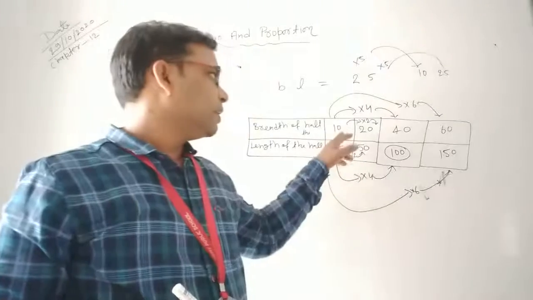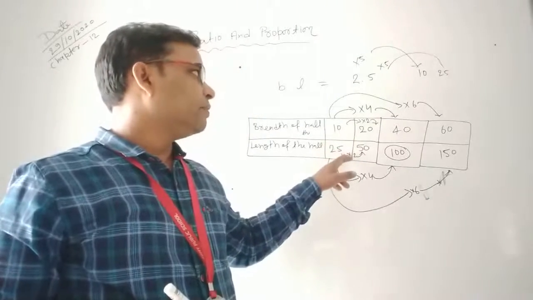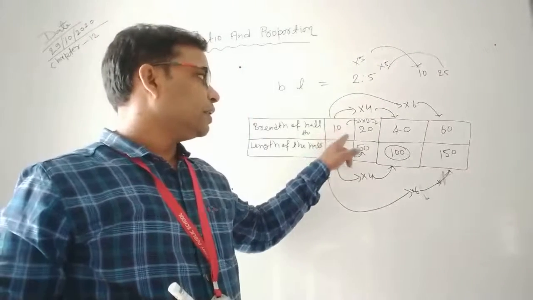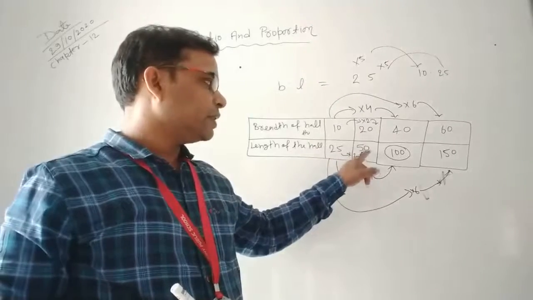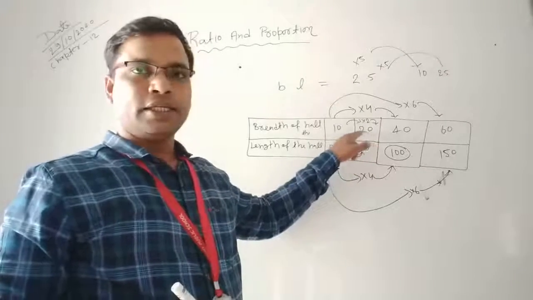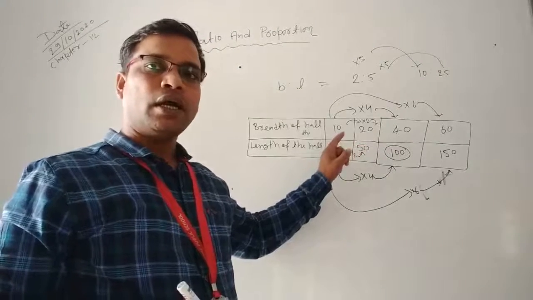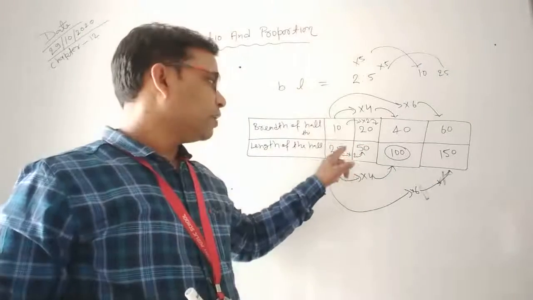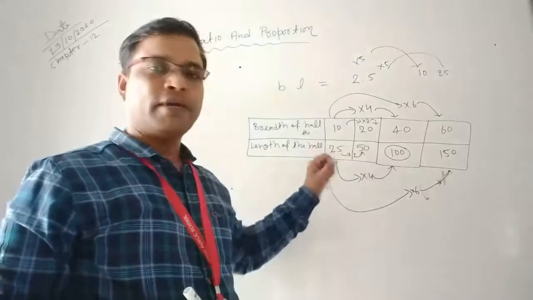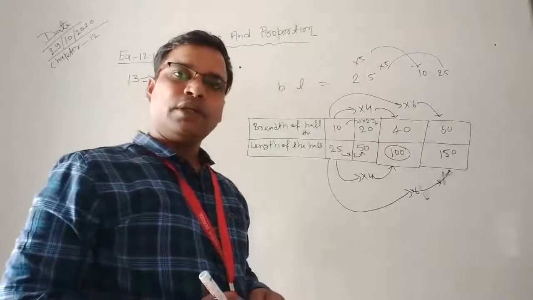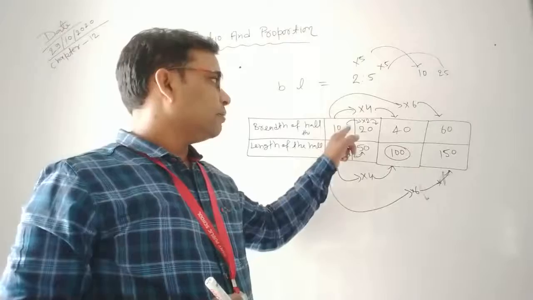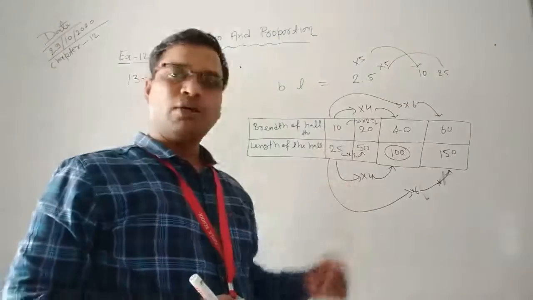In these tables, 10 and 25 are given. So here this is 10, this is 25, and this is 50. We need to fill this blank space. For this, if we multiply 25 by 2, we obtain 50. Similarly, we multiply 10 by 2, then we obtain 20.